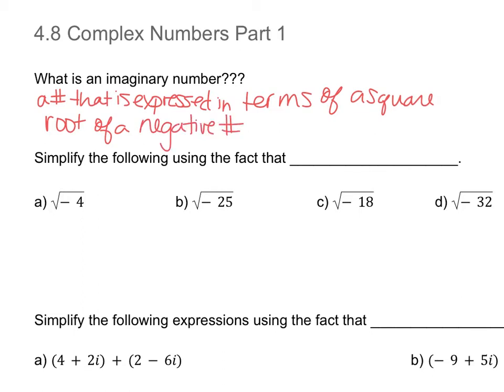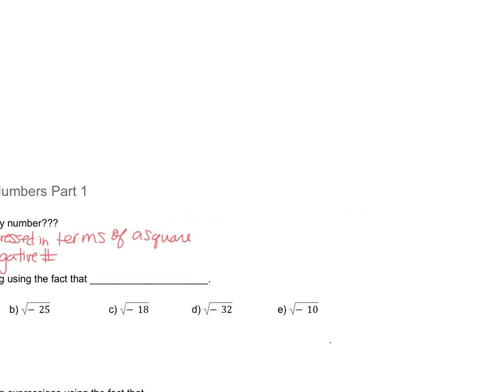Okay, so you'll see this a lot. So whenever you take the square root of a negative number like -1, so up until this point you say I can't take the square root of a negative, which is true. You can't get a real number.